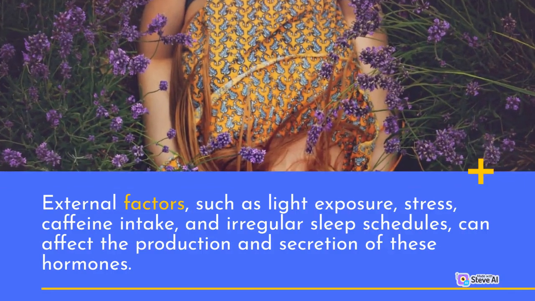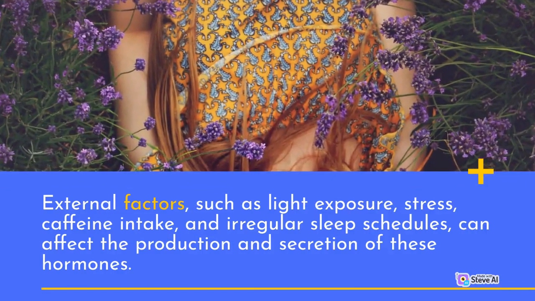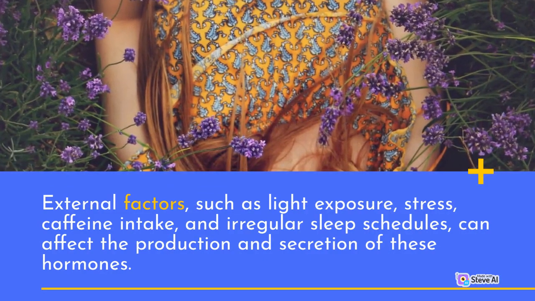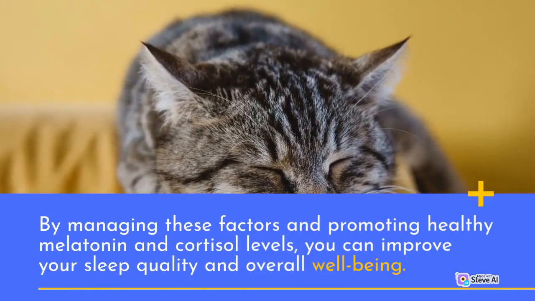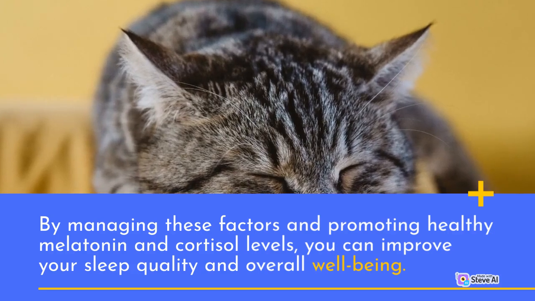External factors, such as light exposure, stress, caffeine intake, and irregular sleep schedules, can affect the production and secretion of these hormones. By managing these factors and promoting healthy melatonin and cortisol levels, you can improve your sleep quality and overall well-being.